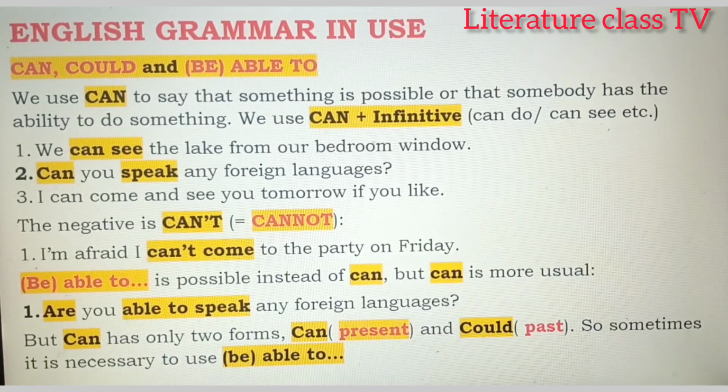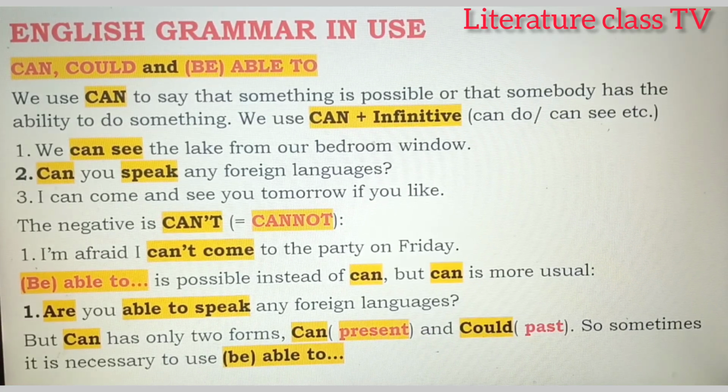The speaker wants to know if you are able to speak any foreign languages. Example 3. I can come and see you tomorrow if you like. I have the ability to come and see you tomorrow if you like.